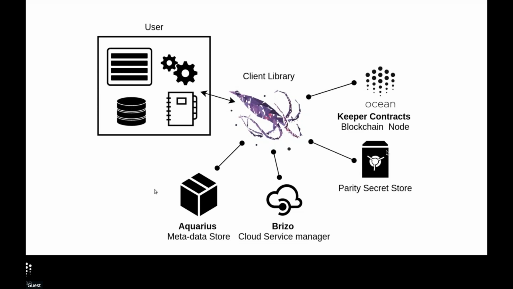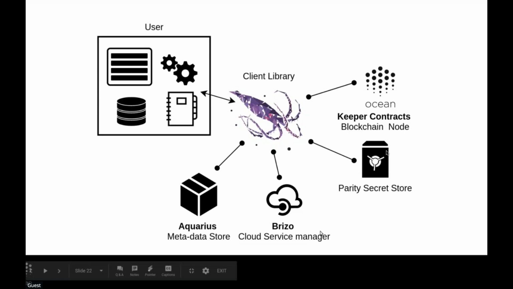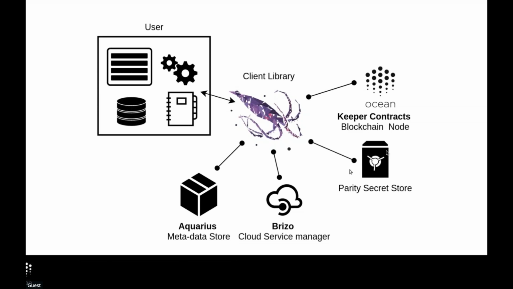Another important aspect is negotiating the access to assets. There are two components that play a key role. One is the secret store, which is a project from the Parity organization, which is well known in the Ethereum ecosystem.